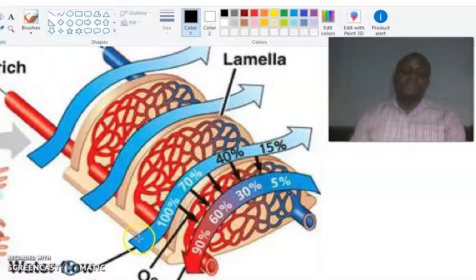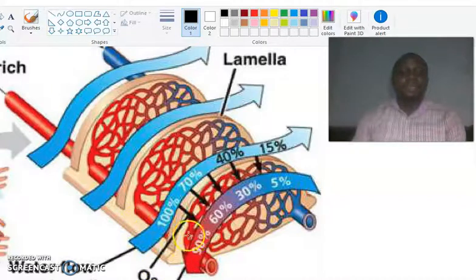So as the water moves following this direction, the blood flows in the opposite direction. This ensures that at any given time there will be a higher oxygen concentration in water than in blood. Here the water is 100% concentrated with oxygen.